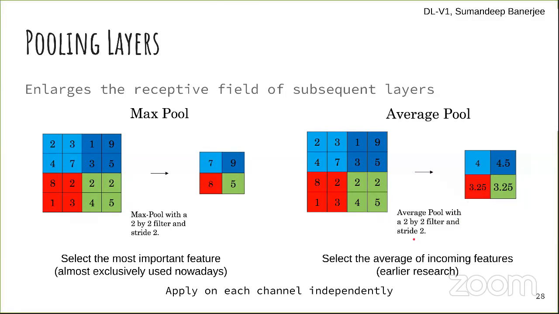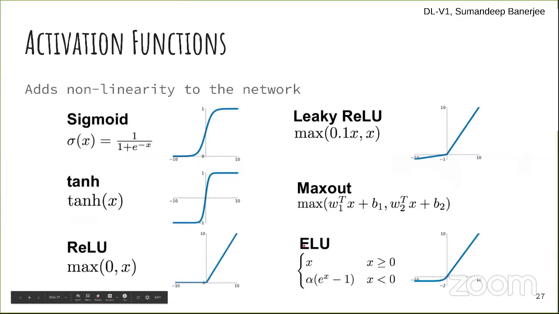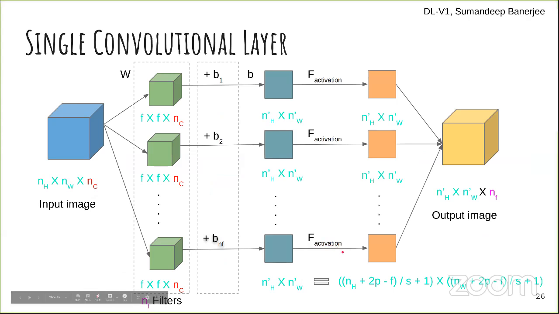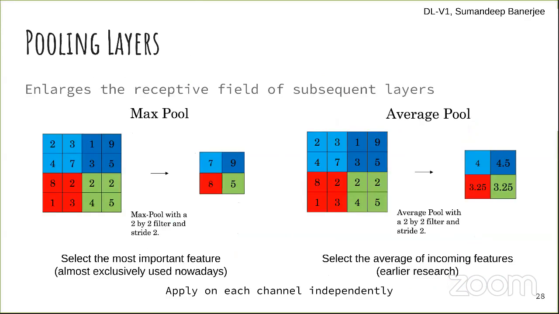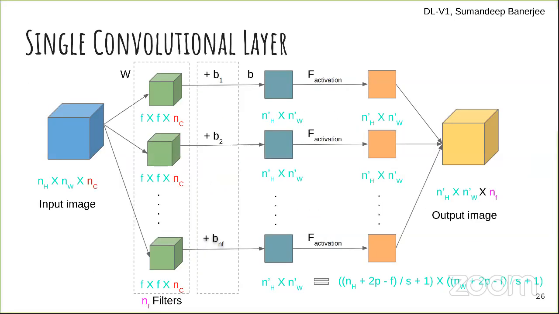So what it effectively does is select the average of incoming features. At every stage we are computing a set of features, and sometimes it is helpful to reduce the data in the subsequent step, because every time we are increasing it. If in the first stage there were 3 channels, and we select 10 filters, then we end up with 10 different values and all that.